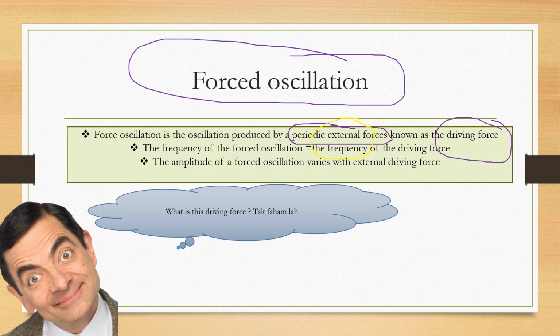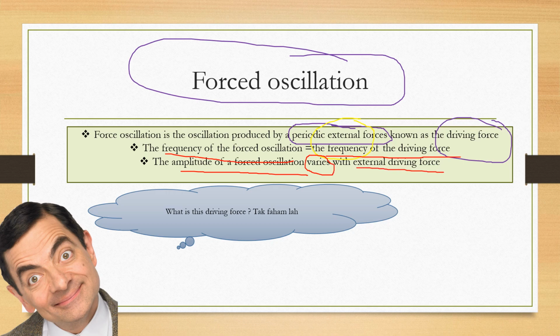Concept number two, the book says the frequency of the forced oscillation is equal to the frequency of the driving force. That means the frequency of the continuous force. Next, the amplitude of a forced oscillation varies with the external driving force.